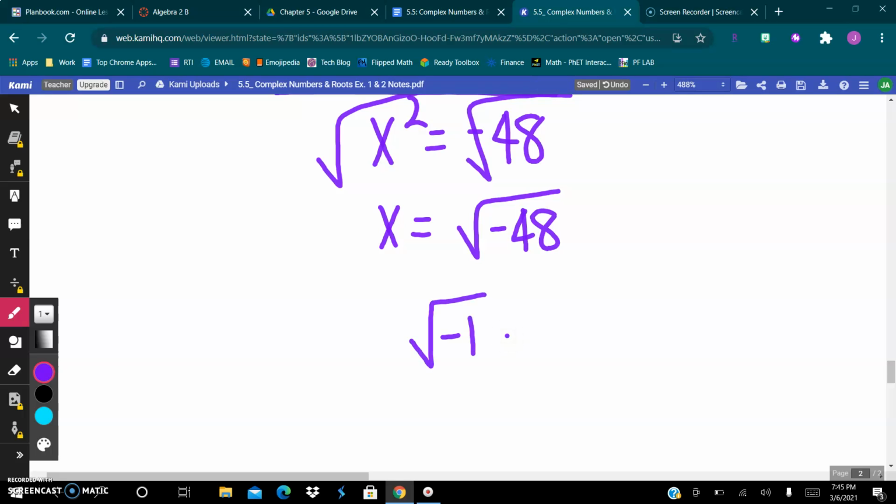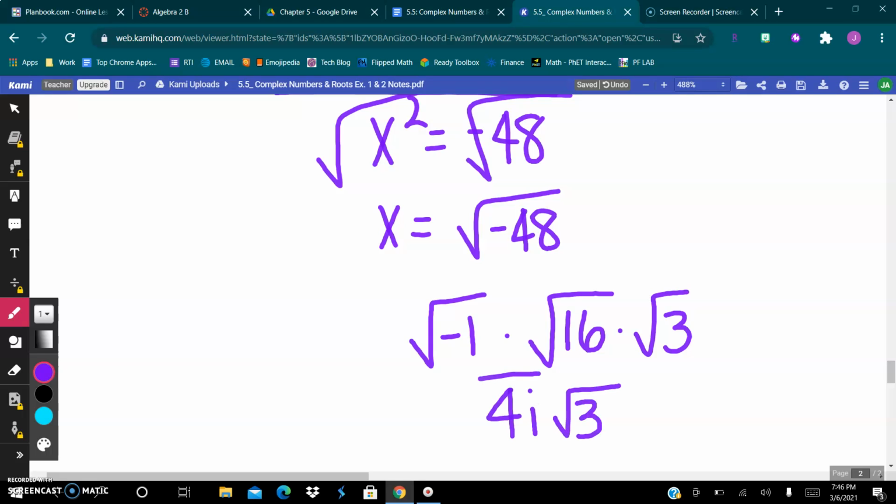And then 48, we're going to find the largest number that actually goes into 48 that's in our list of perfect squares. So the largest number that I found in that list would be 16, because 16 times 3 is 48. So we have 16 and we have 3. So the square root of 16 is 4. The square root of negative 1 is i, and then we have square root of 3 left over.